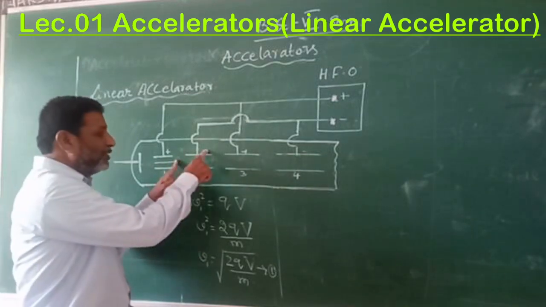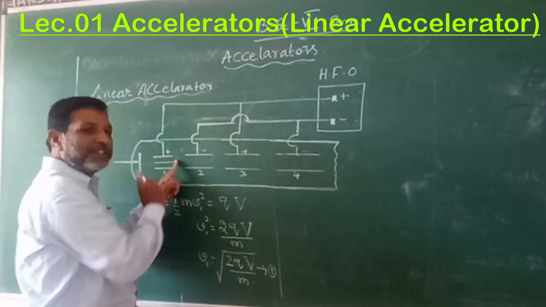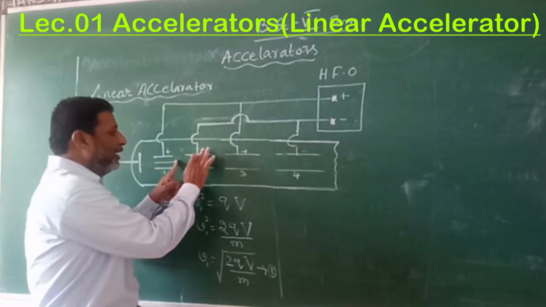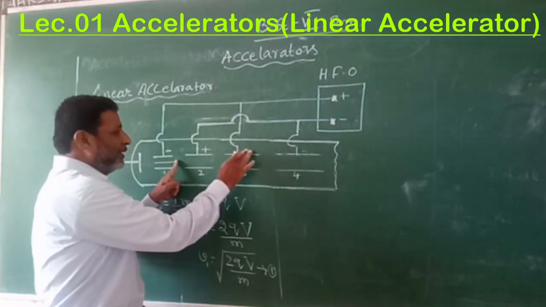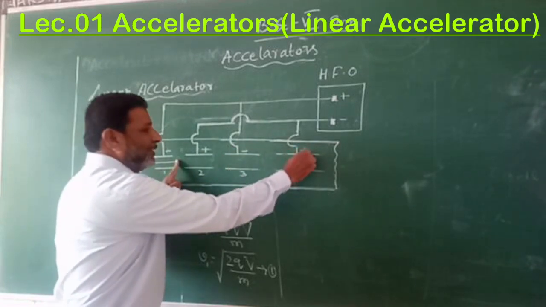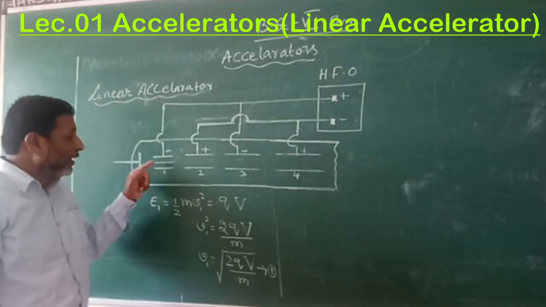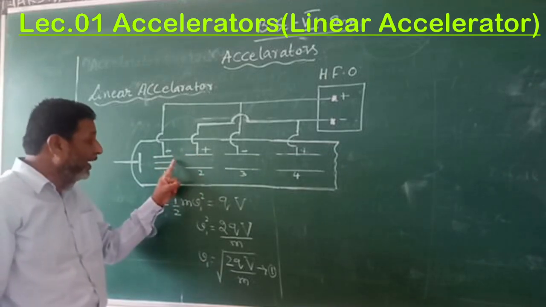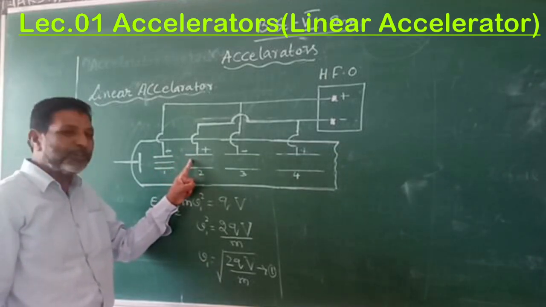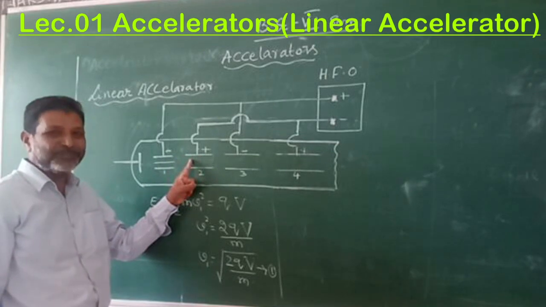Earlier it was negative, after completion of the half period it becomes positive, and this becomes negative. Now it has become positive, so that the electron is attracted towards the second cylinder.